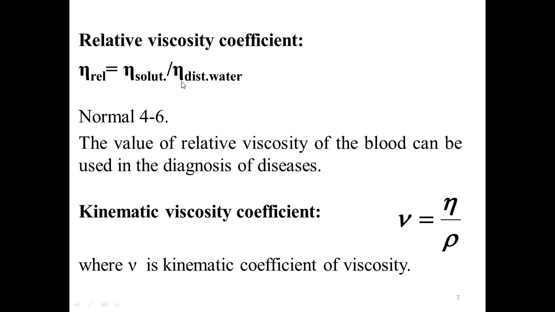As all the liquids in our organs and tissues represent water solutions, we consider the solvent to be water. Normal value for relative viscosity coefficient is from 4 to 6. Relative viscosity coefficient is a dimensionless value.